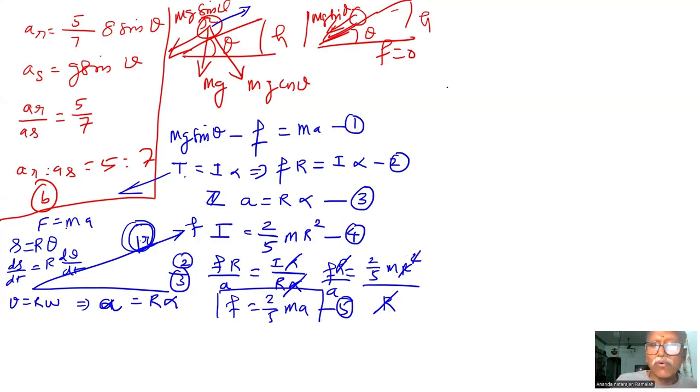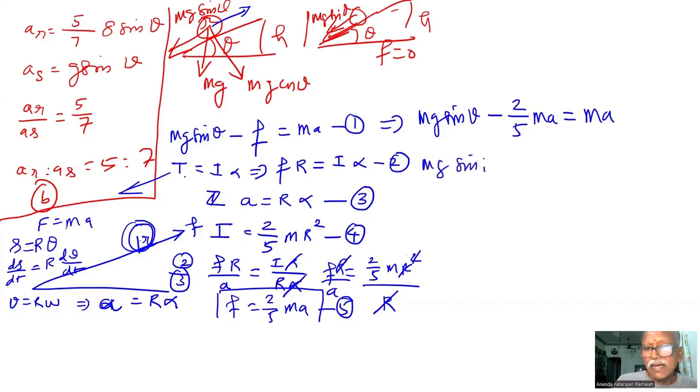Now substitute in the first. Equation 1 implies mg sin theta minus F equals, with F equal to 2 by 5 ma, ma. If you bring this to the right hand side, mg sin theta equals 2 by 5 plus 1, 7 by 5 ma.